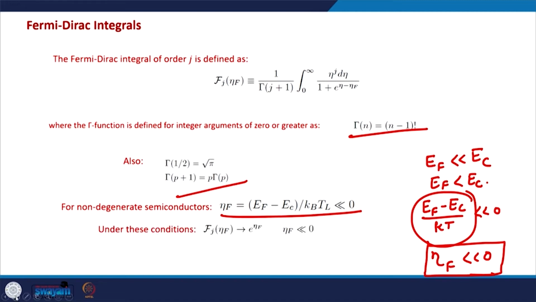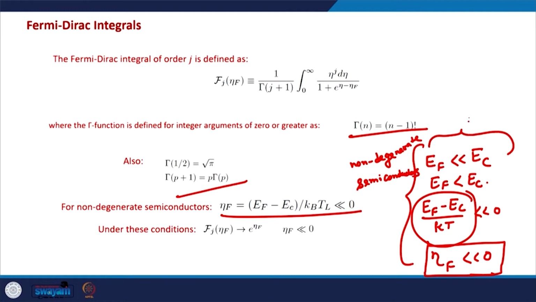and in those cases the Fermi-Dirac integral of order j, please remember that this is the case of non-degenerate semiconductors, and in these cases the eta f parameter is way less than 0.